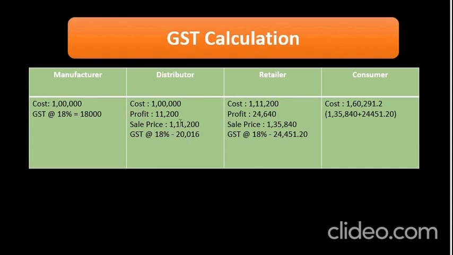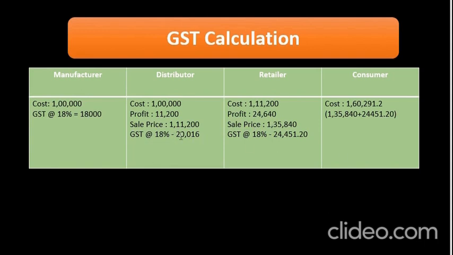When the distributor is paying the manufacturer, it is not indirectly paid to the manufacturer, it is payable to the government. So when they pay like this, they pay only how much is payable. For example, the distributor is responsible to pay 18,000.